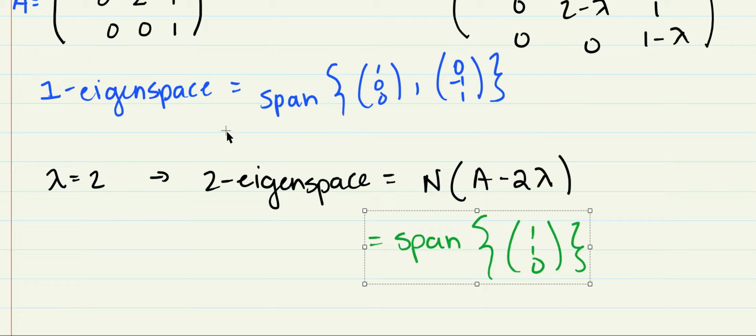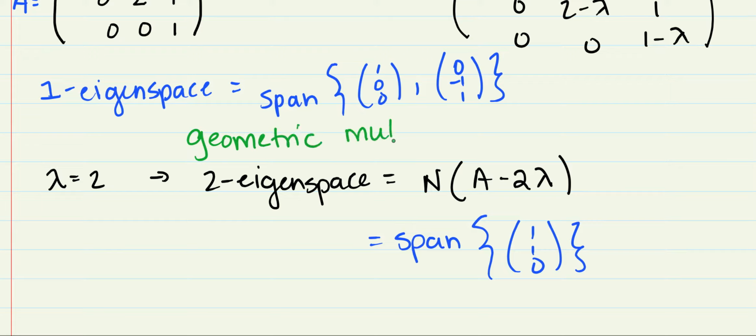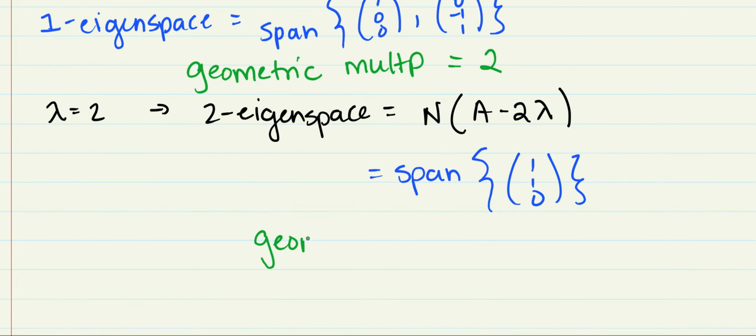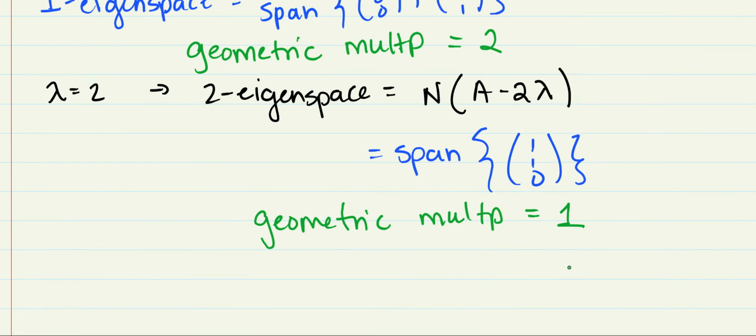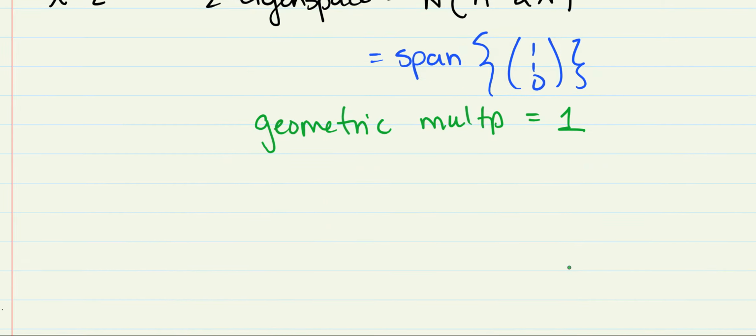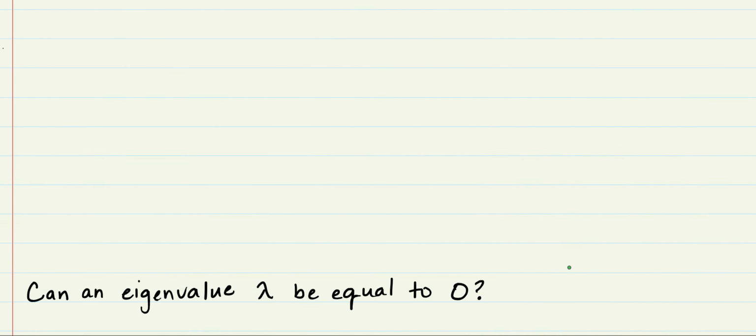So that tells us that the geometric multiplicity for the eigenvalue 1 is equal to 2, and the geometric multiplicity for lambda equal to 2 is 1. Great.